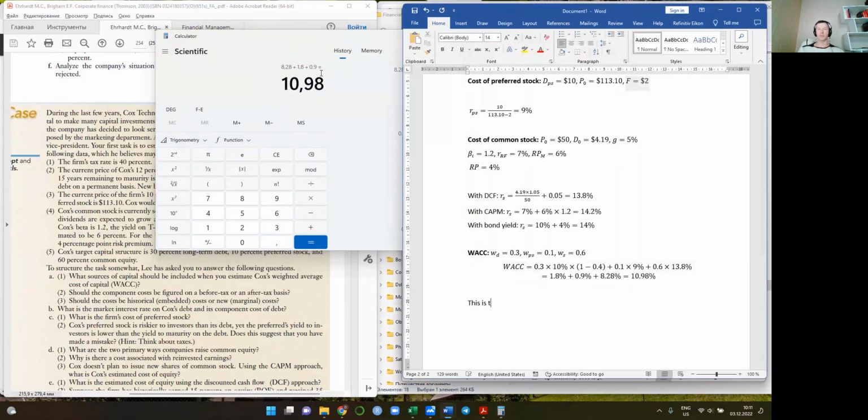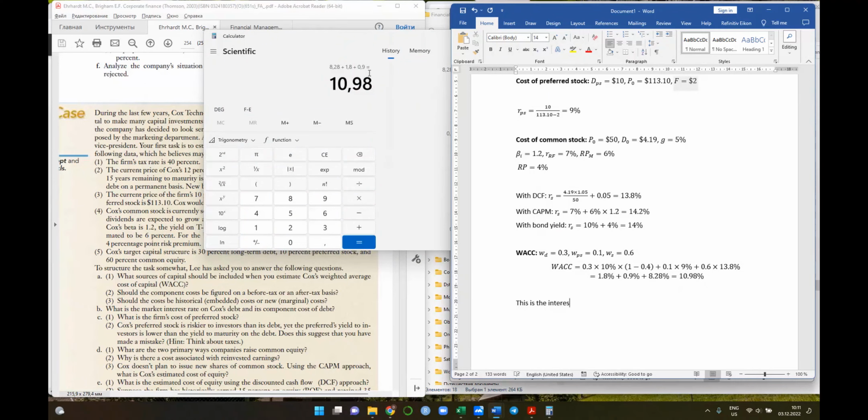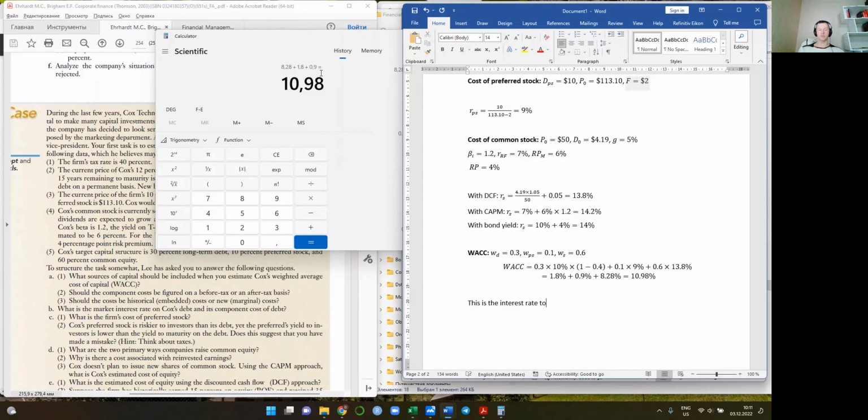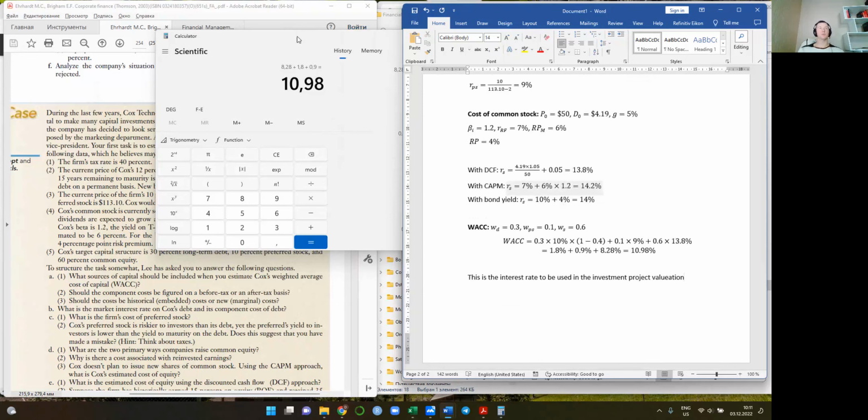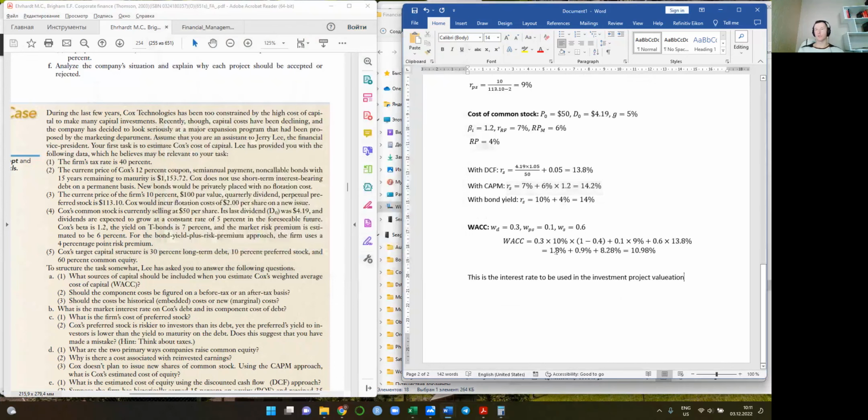So this is the interest rate to be used in the investment project valuation for calculating NPV, modified internal rate of return, profitability index, and other things.